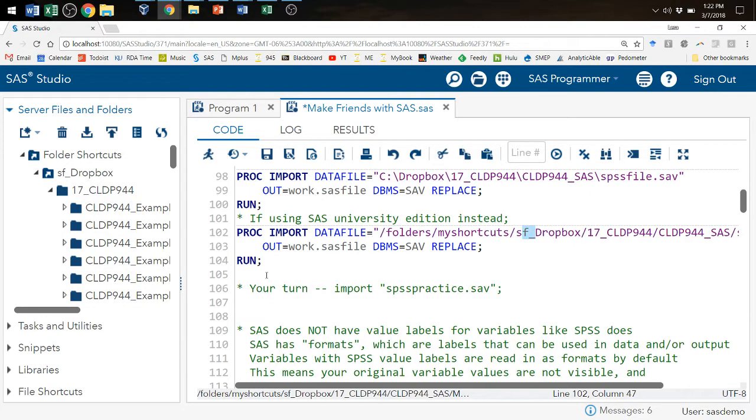So I tried to figure out where it went by navigating to it, and I noticed that now under folder shortcuts it's SF_Dropbox. For no apparent reason, it just decided to change it. Sure enough, I added the SF_ to the shortcut I had previously named, and it worked.